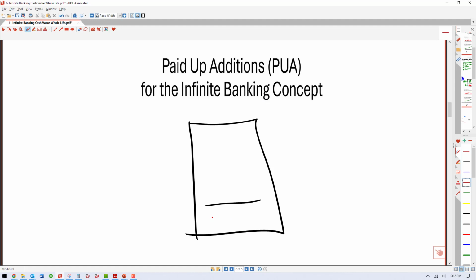In the foundation of all whole life policies, there's what's called base premium. And in an infinite banking design, you want the minimum amount of your premium going into the base. The reason for this is because the base premium is purchasing the whole life death benefit.